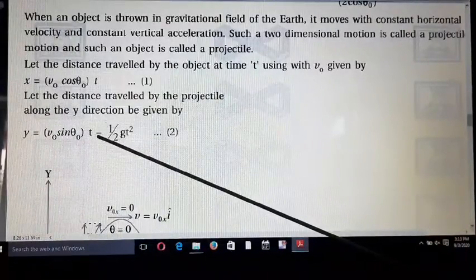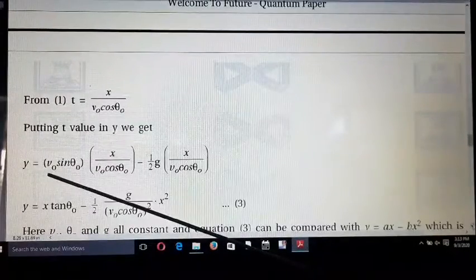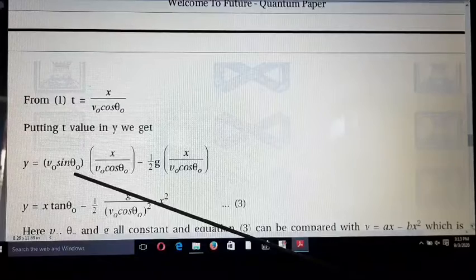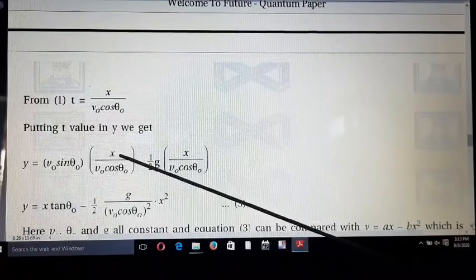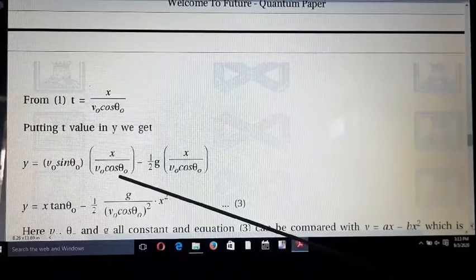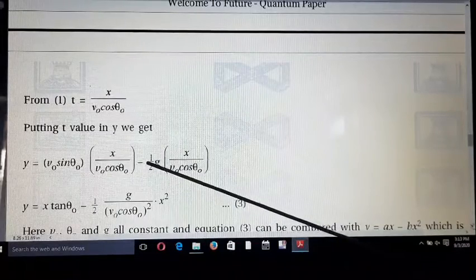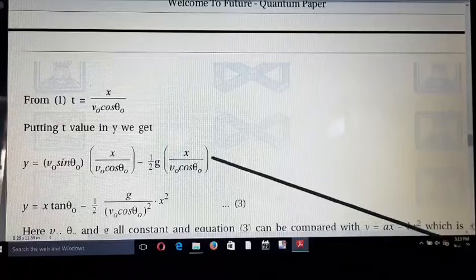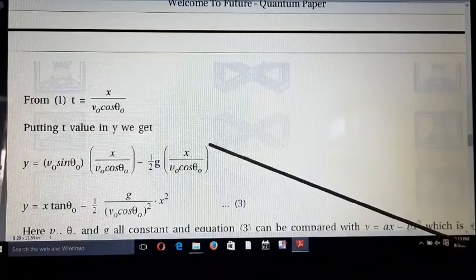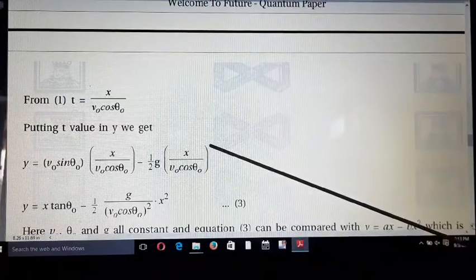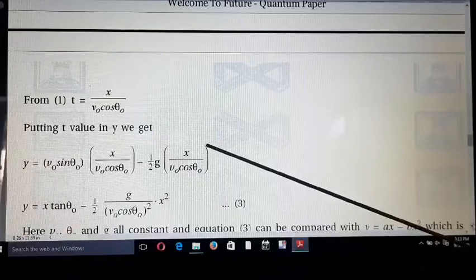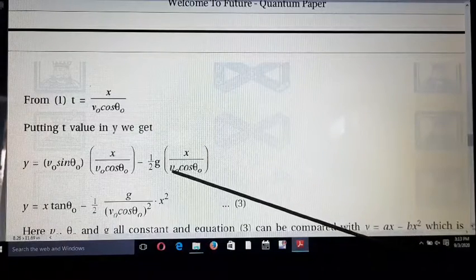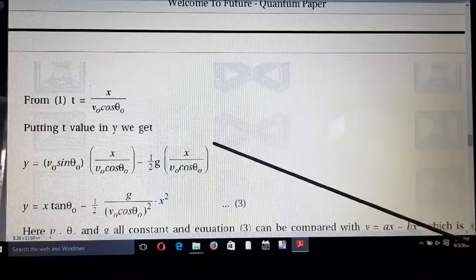So we get y is equal to v0 sin theta 0, and instead of t we write x upon v0 cos theta 0, minus 1 by 2 g, again t square, so x upon v0 cos theta 0 whole square.